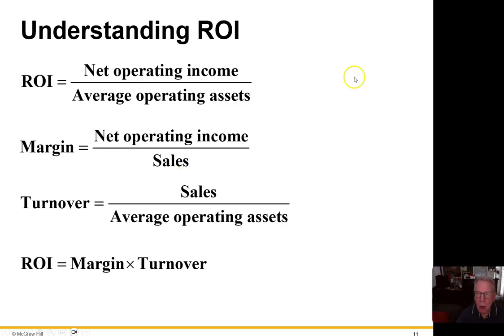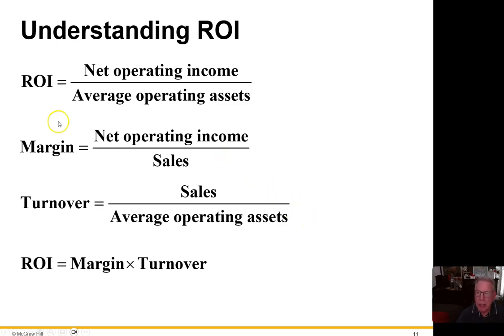All right, so here we have the definitions. ROI, we have net operating income divided by average operating assets. Our margin is the net operating income divided by sales. And turnover is sales divided by operating assets.